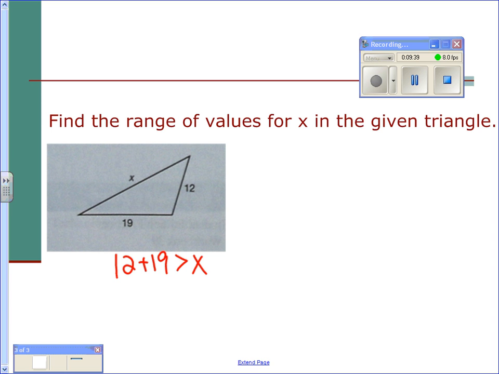Do you agree? Okay. If it were the smallest, what would it be? Do you agree? What would this inequality be written as? What would this one be written as?